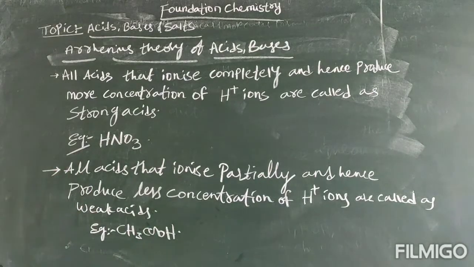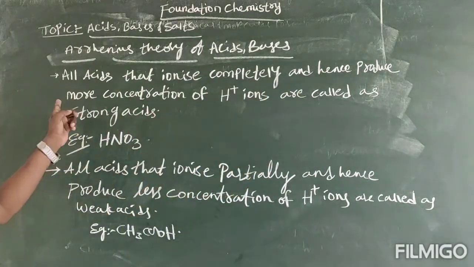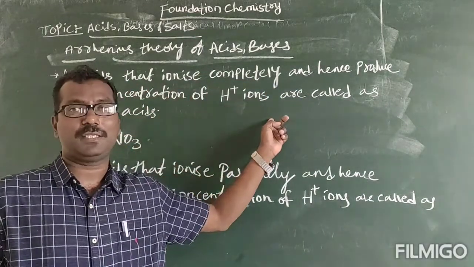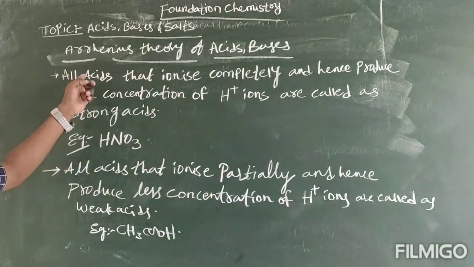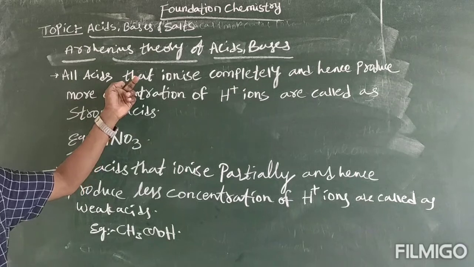So in the previous class, what is a strong acid means? An acid is the one which completely ionizes when dissolved in water or in its aqueous solution. Okay, but here it has to ionize completely and produce more concentration of H plus ions. That is considered as a strong acid according to Arrhenius.